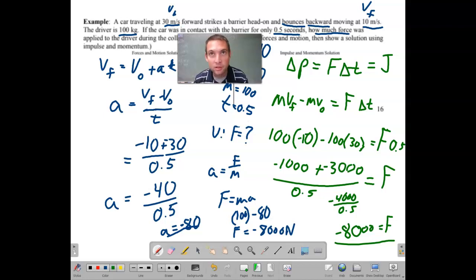If I have a change in momentum, I have the impulse momentum theorem at my disposal, because if I have a change in momentum and there's a force involved, how much force was applied, then I can use this equation. So that's it. Hopefully you're comfortable, but you probably are not. So do some practice. Seriously, do practice.